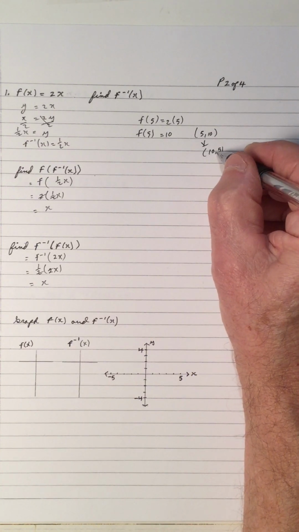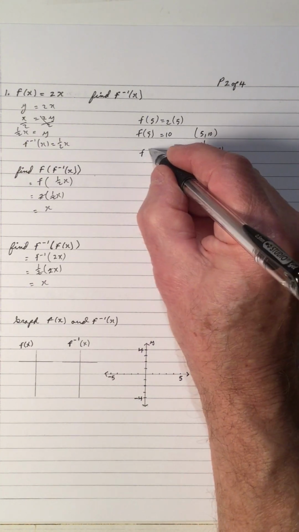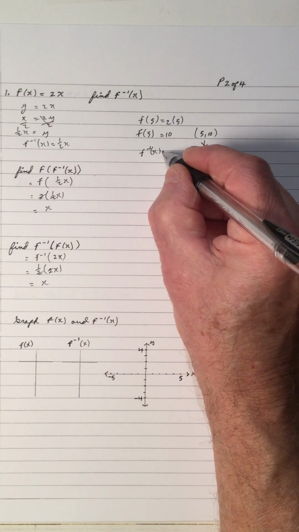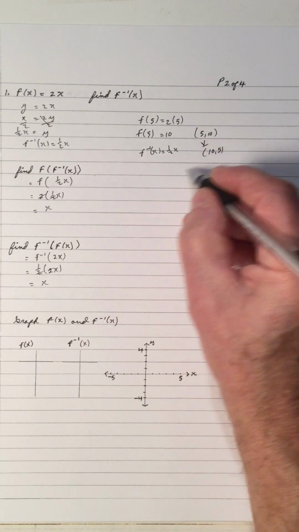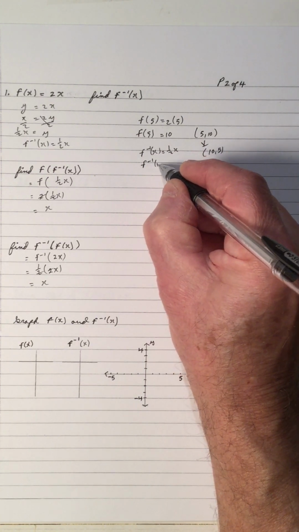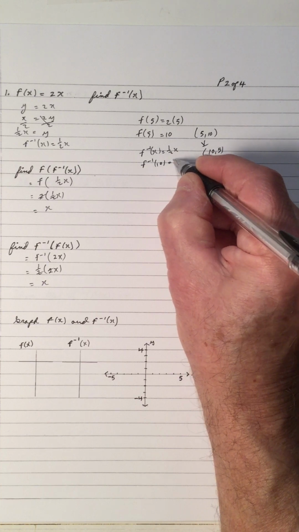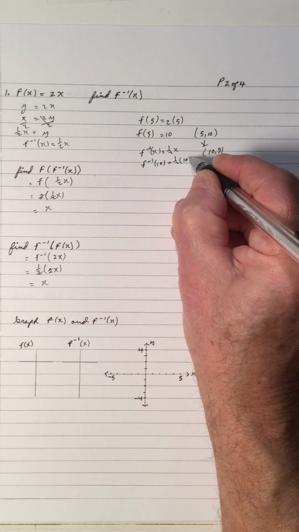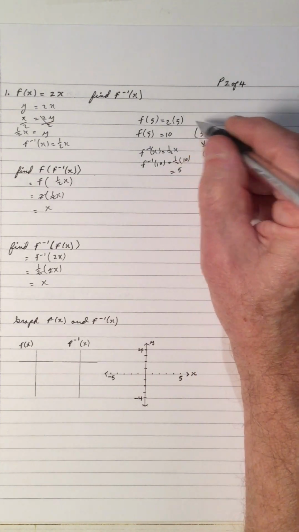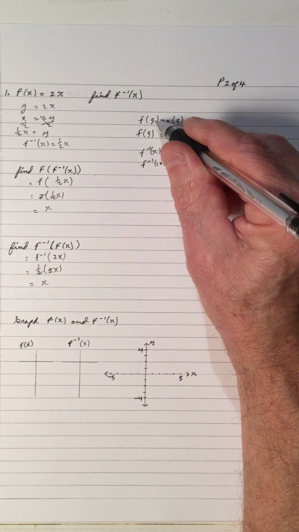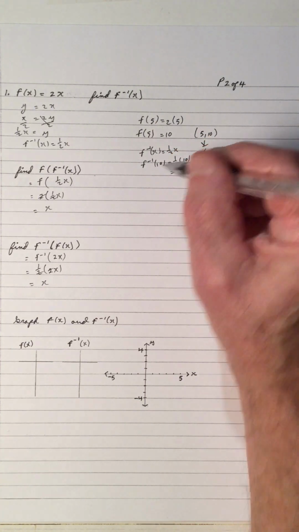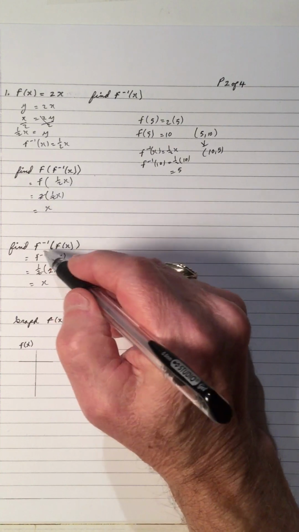If we put 10 into the inverse, a half x, the inverse of 10 is a half of 10, which is 5. So we start out with 5, I worked it out to be 10, and when I do the inverse, the 10 gives me a 5 back.